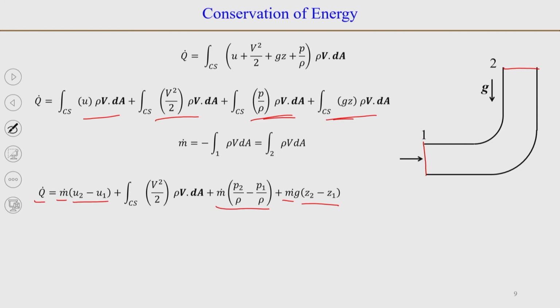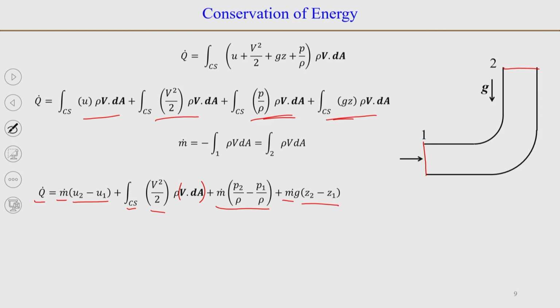This last integral will be the integral over the control surface of V squared by 2 rho V dot dA. Okay. So, it will depend: if the velocity at the sections is uniform, then we can replace it with minus m dot into V 1 squared by 2 plus m dot into V 2 squared by 2, but we will keep it in this form.